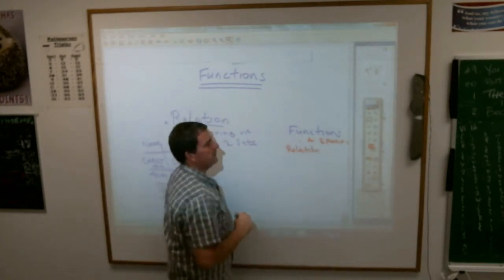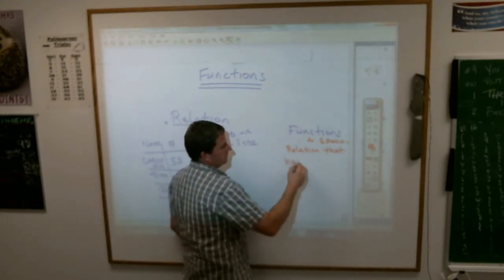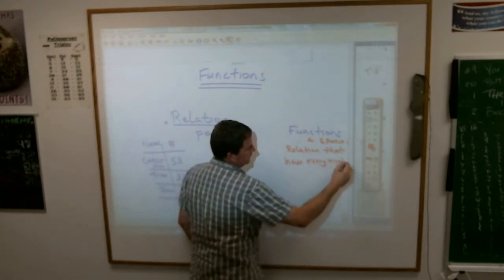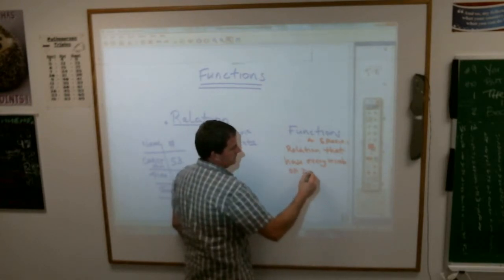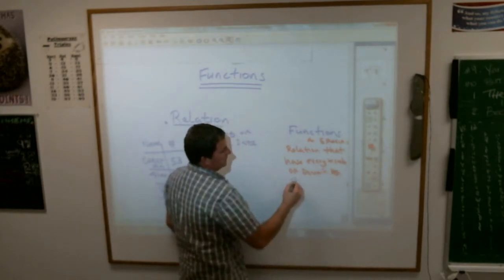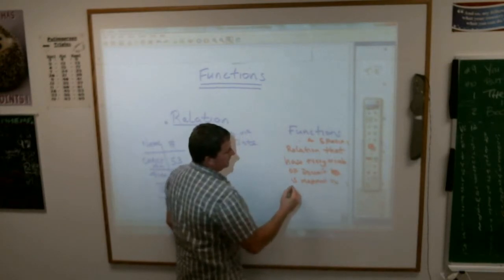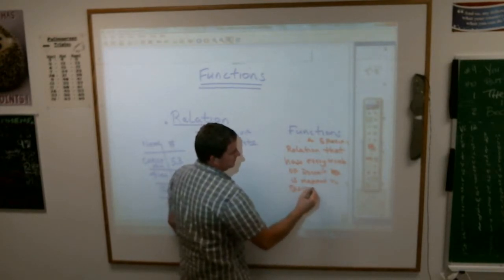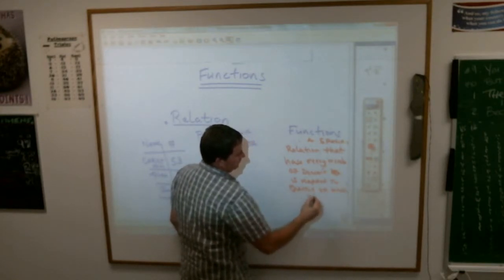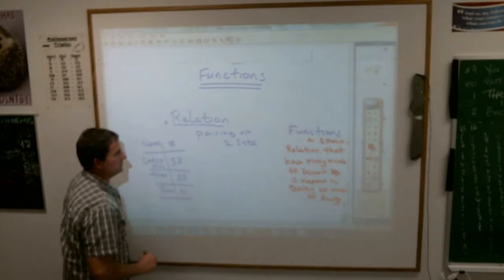In order for something to be a function, it must be a specific relation that has every member of the domain, well, I guess I should say, is mapped to, here's the key word, exactly one member of the range.